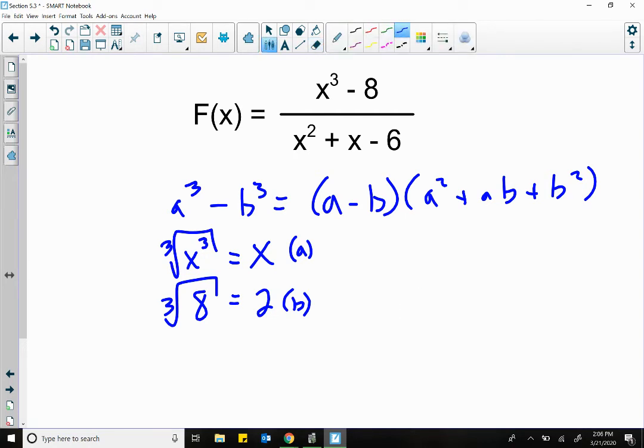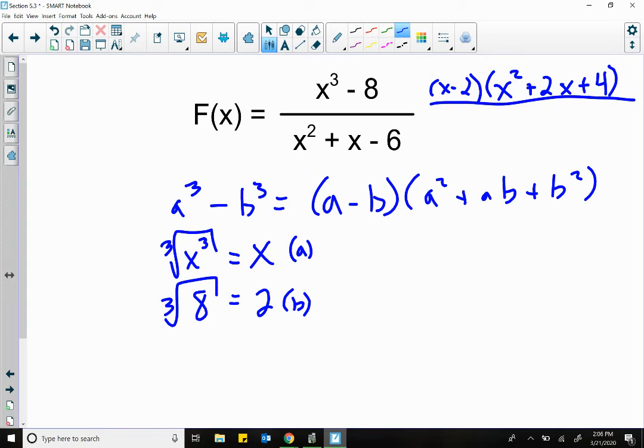So the numerator now factors to x minus 2 and x squared plus 2x plus 4.